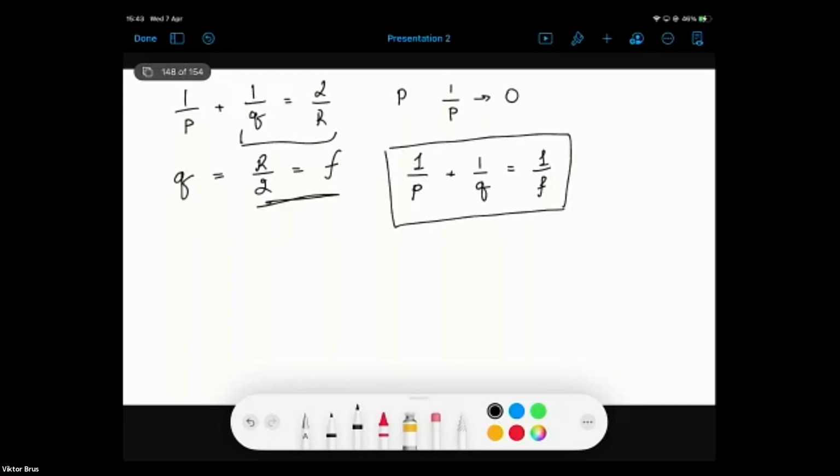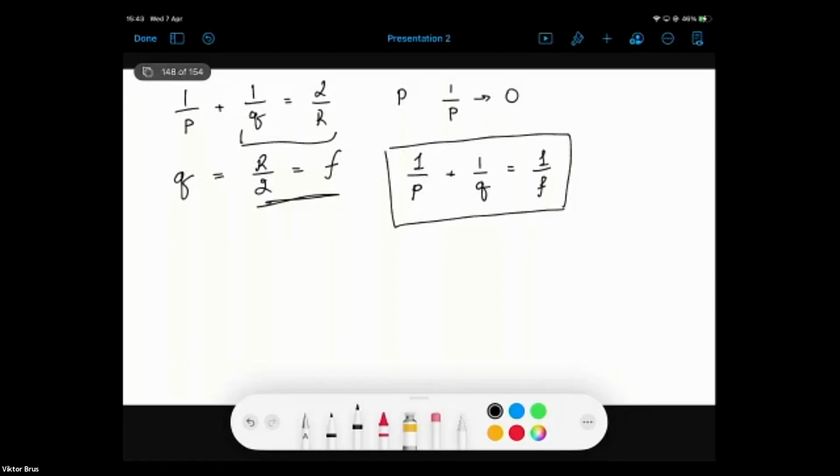Since these reflected rays do not go through the image point and they just appear to diverge from the image, this image is virtual. However, it's not inverted, so it's upright.